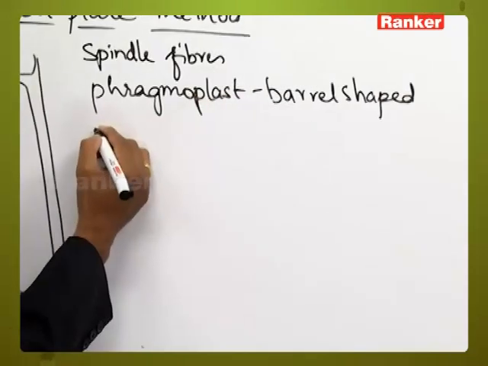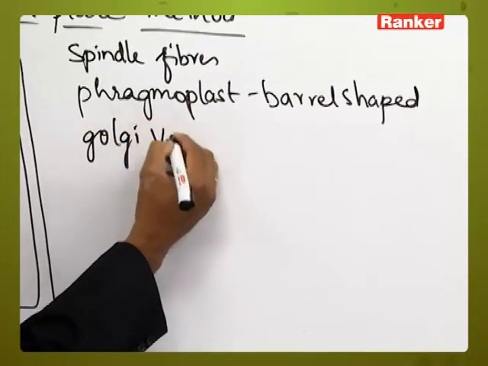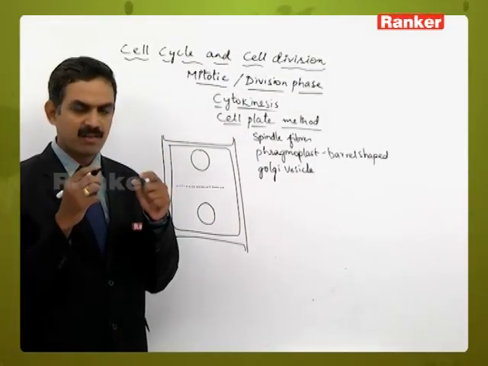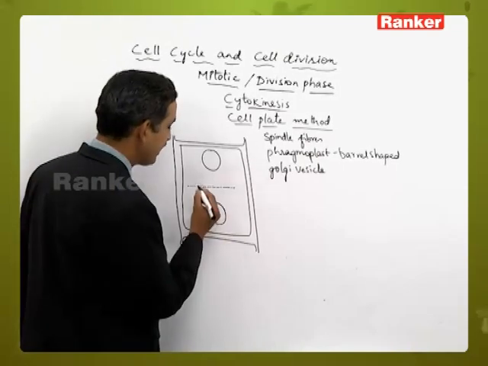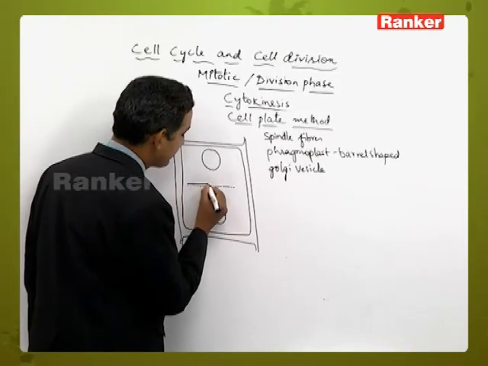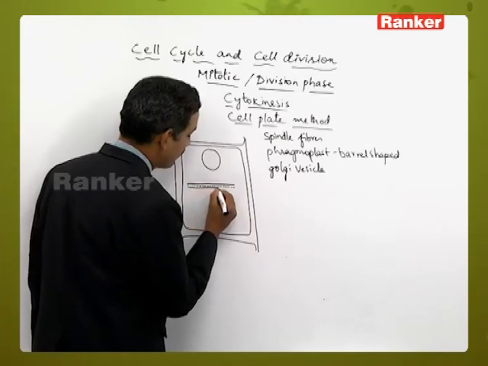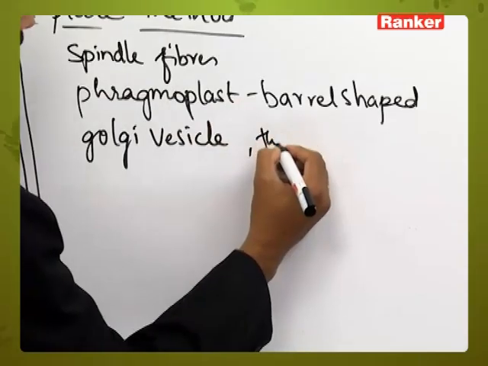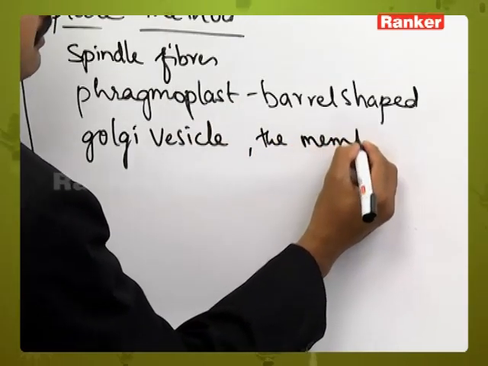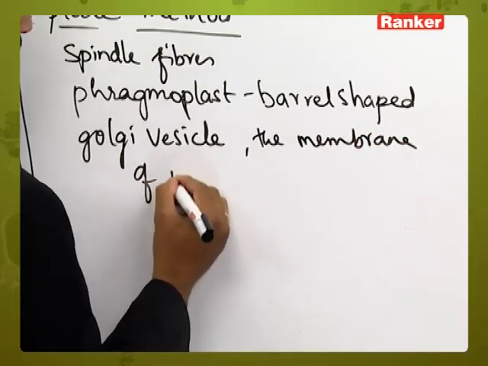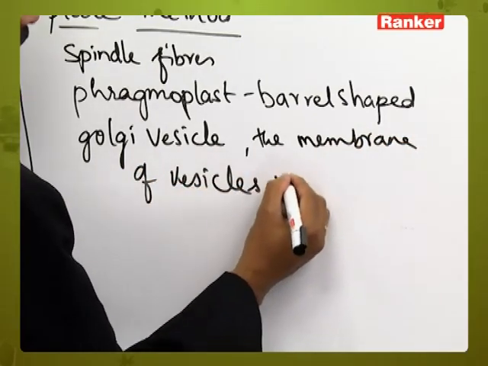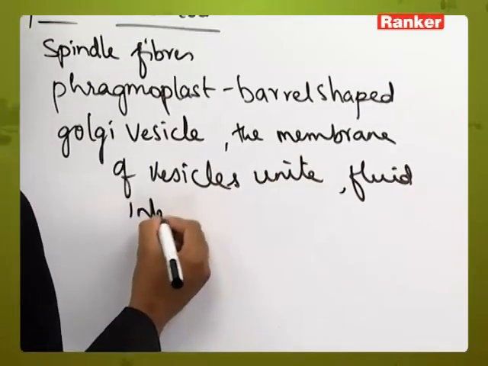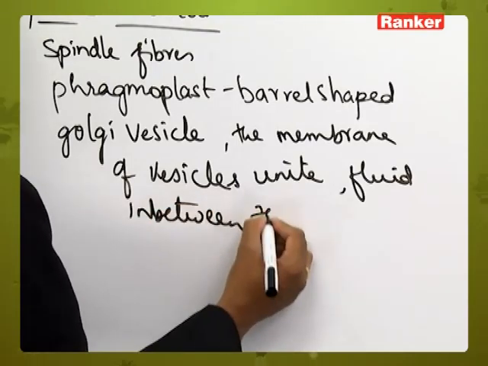Into this, Golgi vesicles will come to the region of the phragmoplast, and the membranes of the Golgi vesicles will unite with each other, maintaining a fluid in between them.